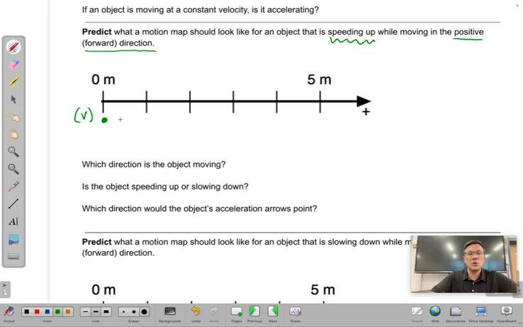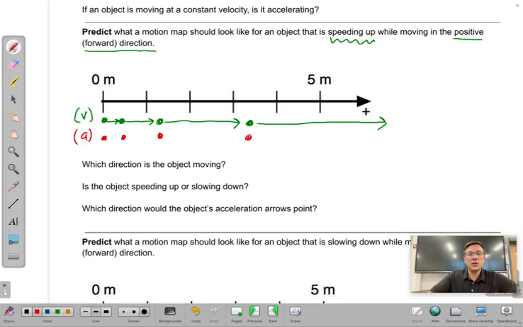So we start with our dots relatively close together, and then they should be getting further and further apart. So we have a small arrow, medium arrow, large, and we'll go ahead and finish this with an extra large arrow there. Okay? Now, what we have to do is add our acceleration dots directly below the velocity dots, like this.